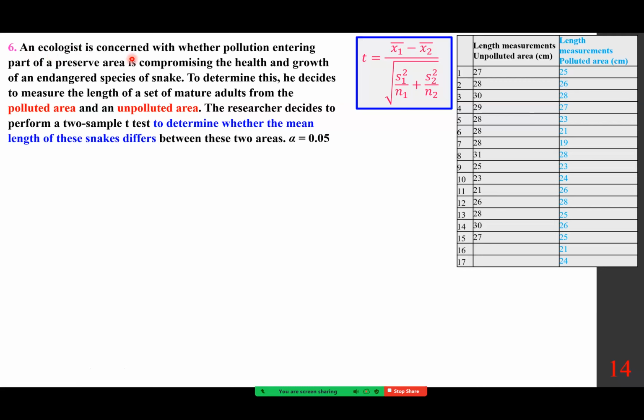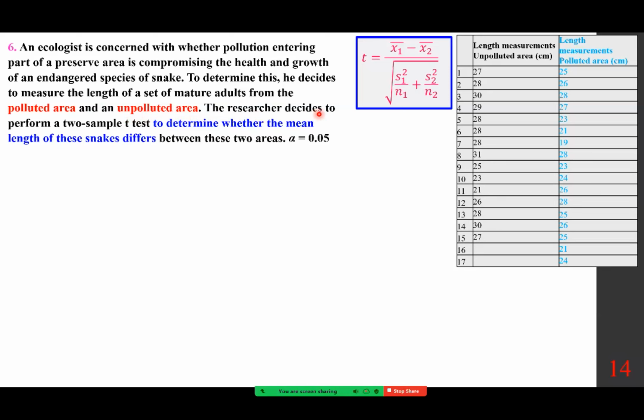An ecologist is concerned with whether pollution entering part of a preserved area is compromising the health and growth of an endangered species of snake. To determine this, he decides to measure the length of a set of mature adults from the polluted area and an unpolluted area.